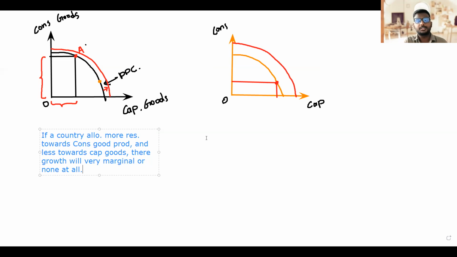Whereas for the next one, you'll have to draw the second graph, the second PPC, and then say what? If a country allocates more resources towards capital goods and less towards consumer goods production, what's going to happen? We'll be able to see a huge potential growth. That's all you have to give for this question.